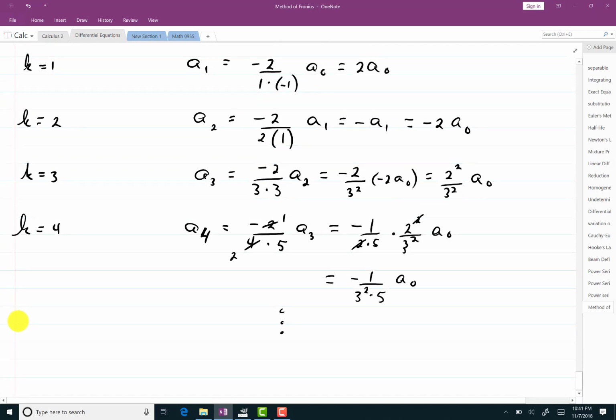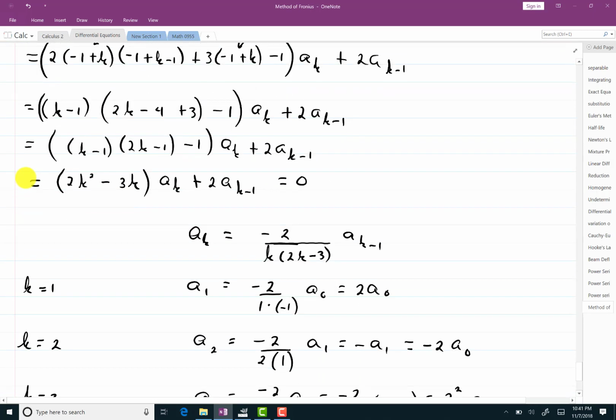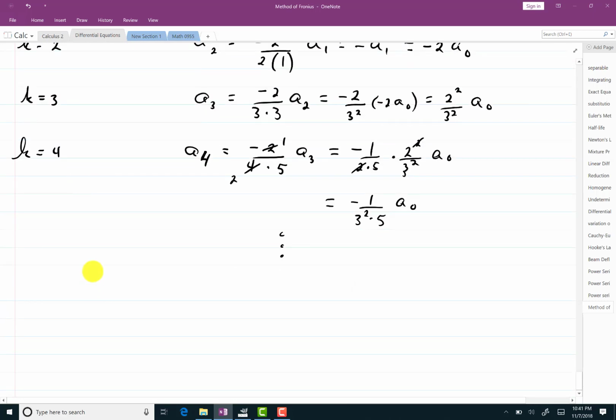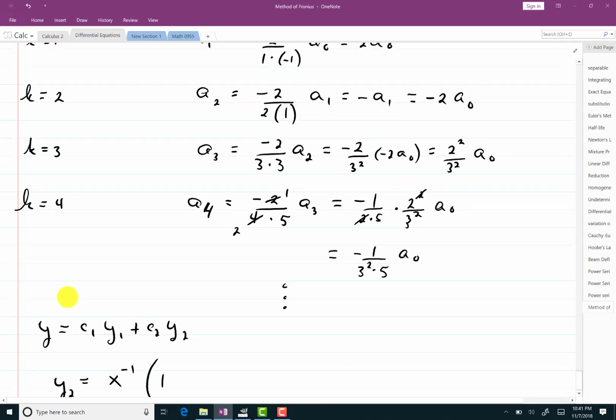Now all of this stuff was attached to x to the negative 1. So the answer will be c1y1 plus c2y2. I already mentioned a sub 0 in the first instance was a c1. Now my a sub 0 is c2. What is y2? y2 equals x to the negative 1 times 1. That's the 0th spot. Now what do I have in the x to the 1?